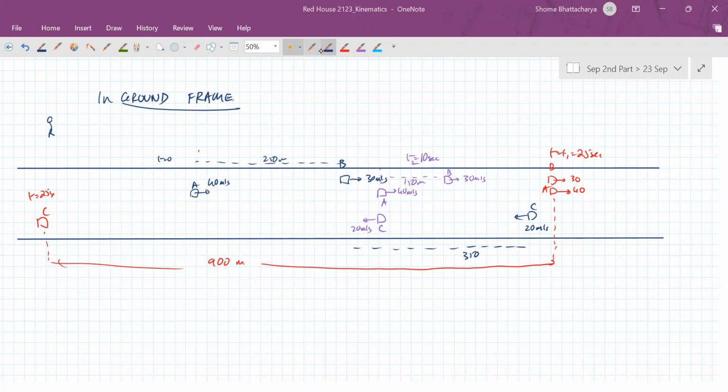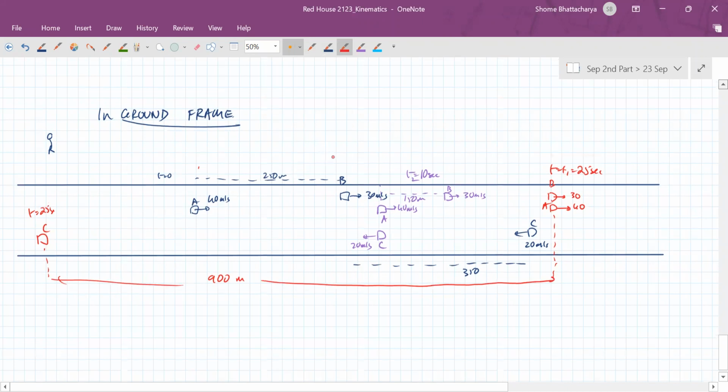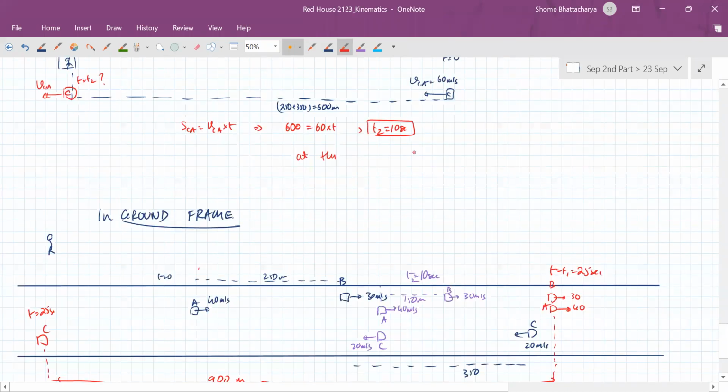Okay. So the other thing we have to calculate is that at t2, you also needed to calculate here that at this time, displacement of B with respect to A has become, with a proper sign, minus 100 meters.